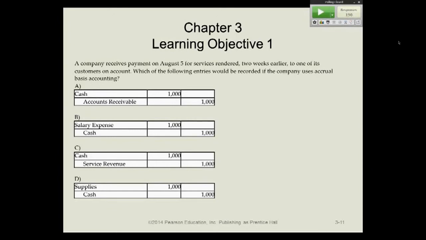Two weeks prior, you provided service, no entry under the cash basis. Here, under accrual, you would debit accounts receivable and you credit service revenue. And it's for 1,000, correct?